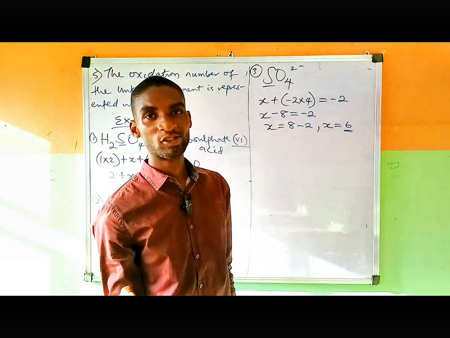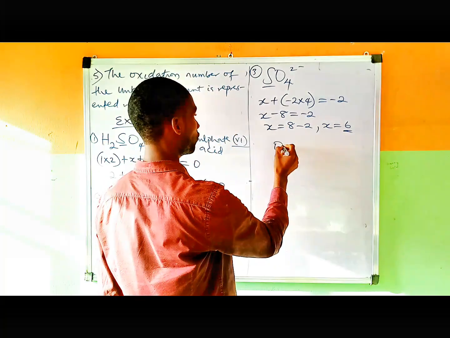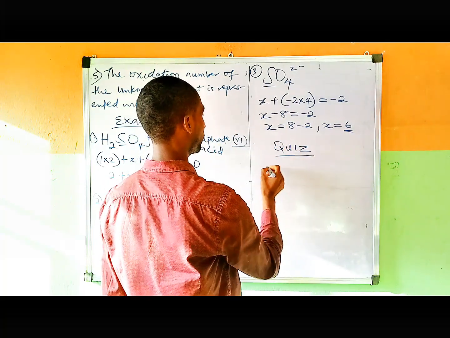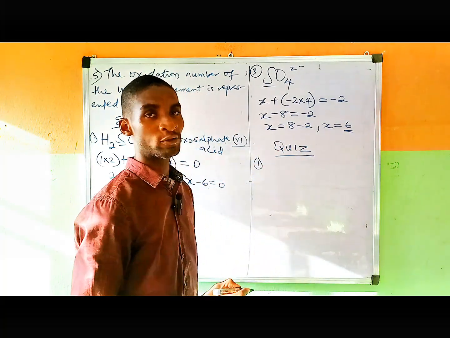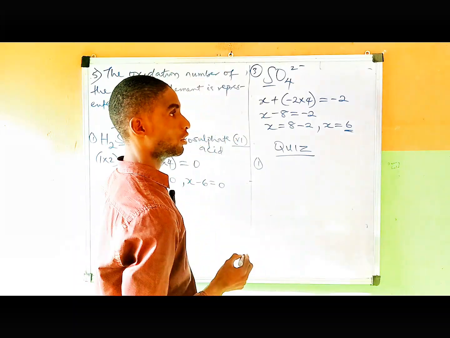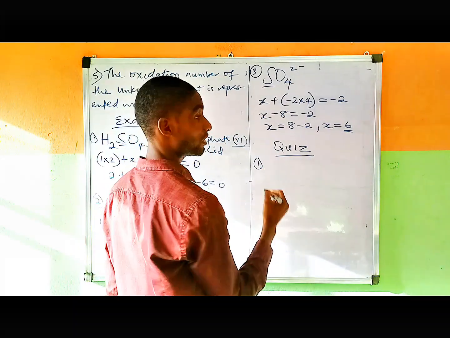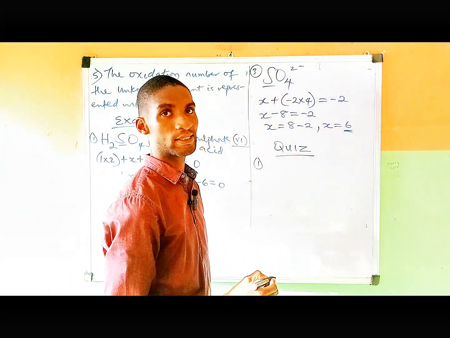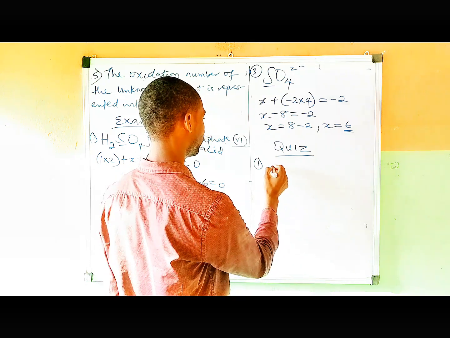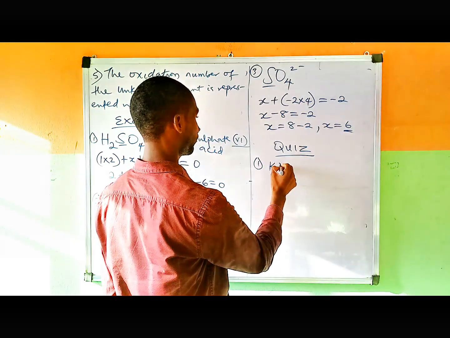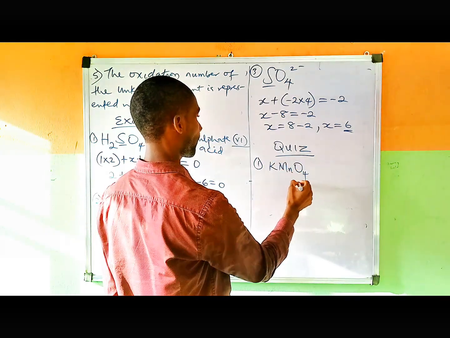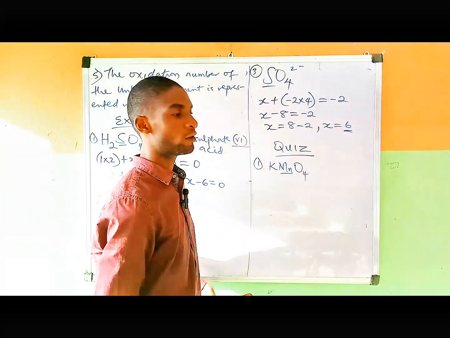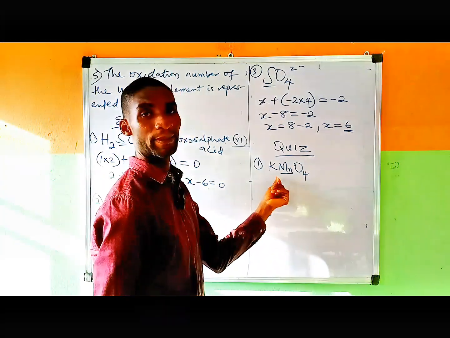So let me give you these questions for your quiz. Number 1, you have to find the oxidation number of the underlined element. Oxidation number of manganese in KMnO4.